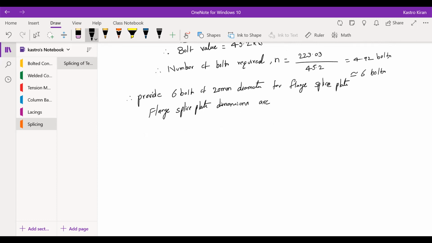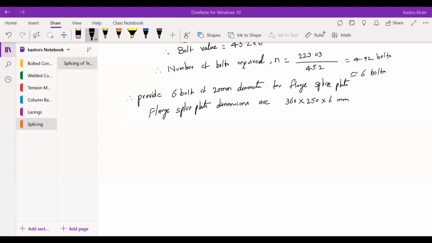We have got 360 and 250, which is the width, and the thickness is 6 mm. These are the values of the length, width, and thickness of the splice plate. This is actually limited to the flange splice plate.